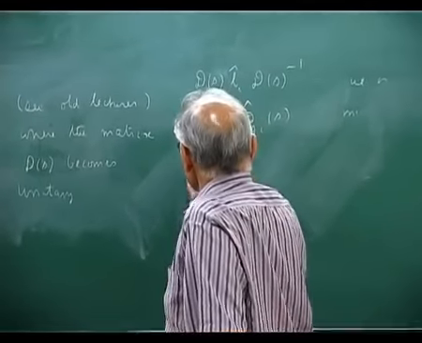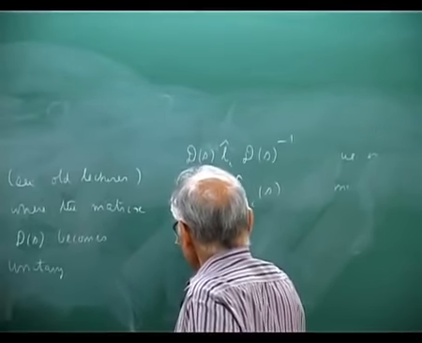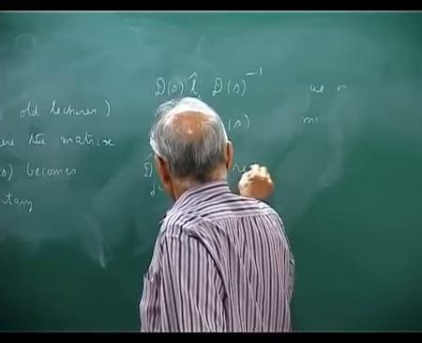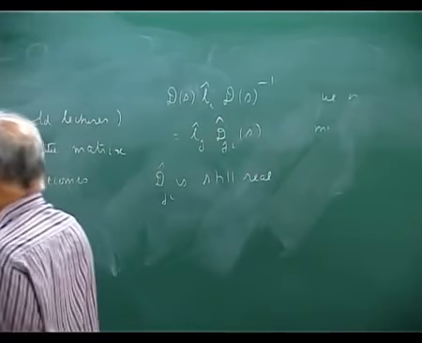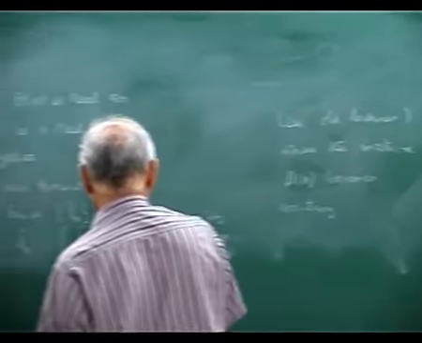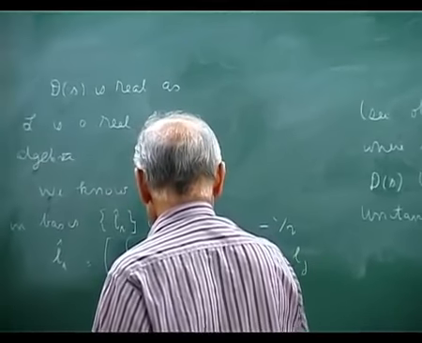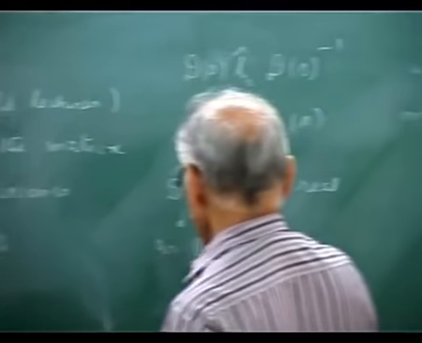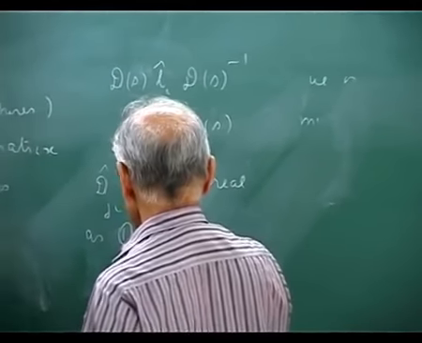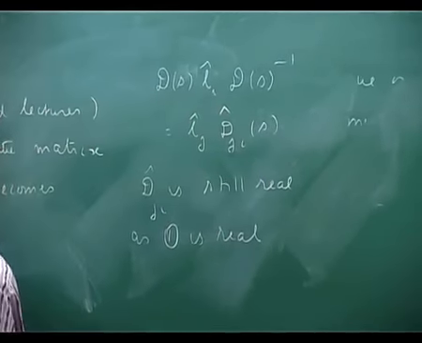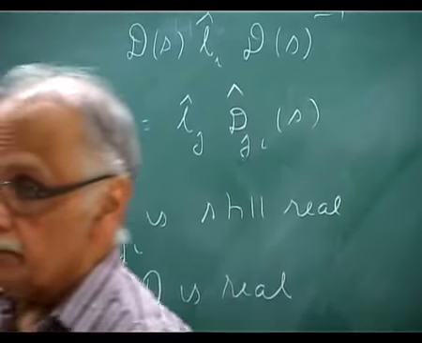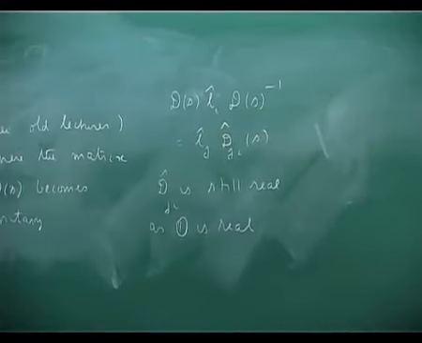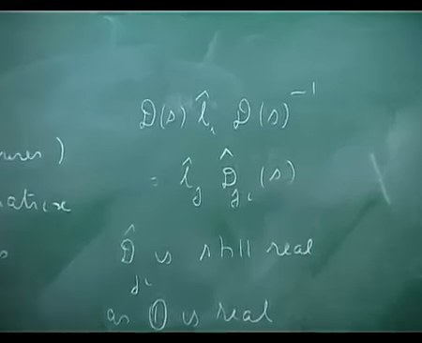But this d hat is still real, because this is real, so it is real and unitary, so it is orthogonal.